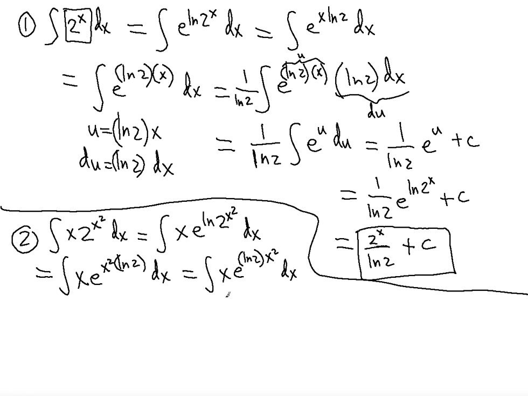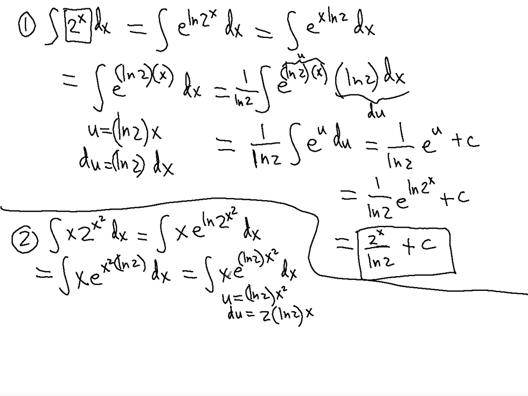Okay, so now that's going to be easy because the u will be equal to, well, let's see. So u is going to be equal to ln 2 times x squared. The du is going to be equal to 2 ln 2 times x.